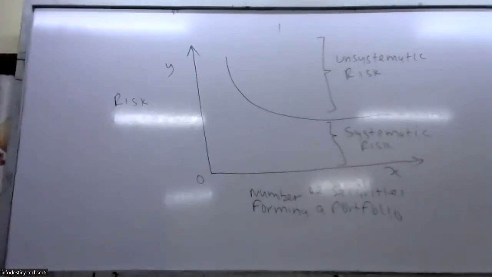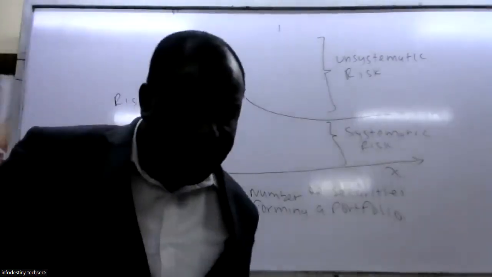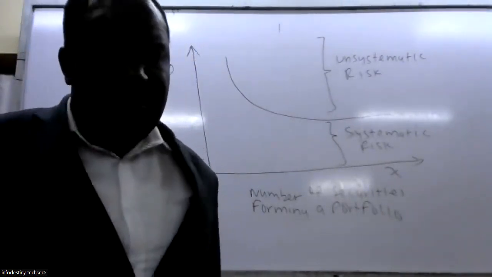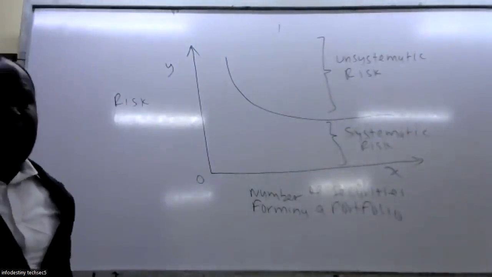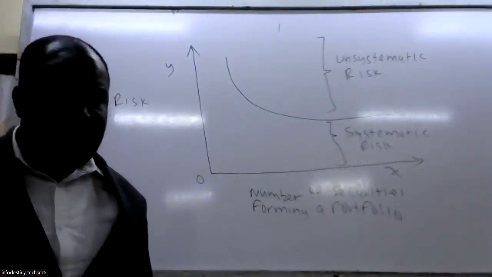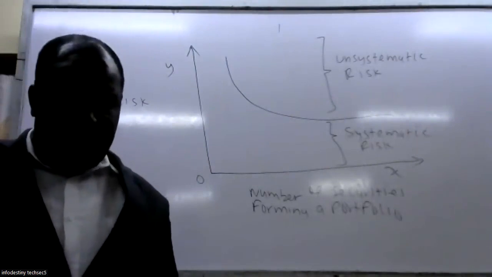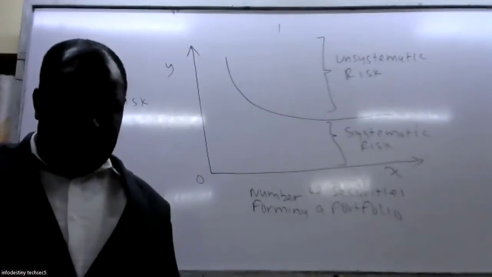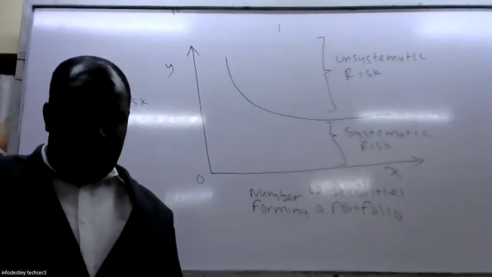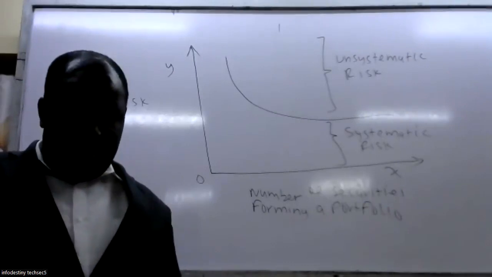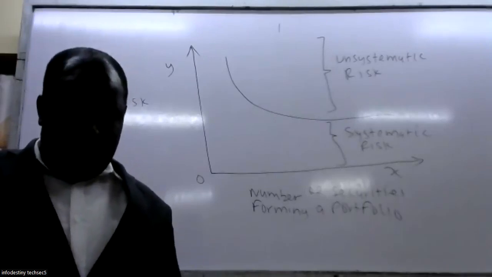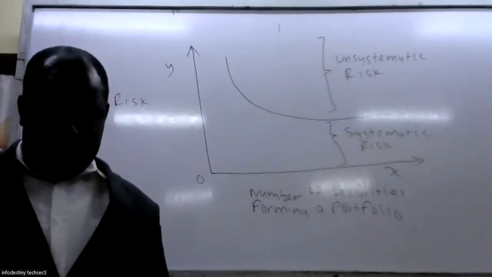So that is now how we can show it using a diagram. Now after that, let us also have a subtopic as measures of the relationship between the security returns.